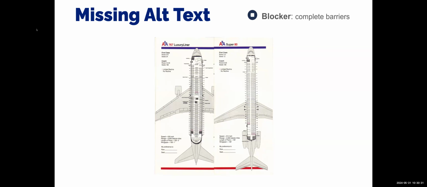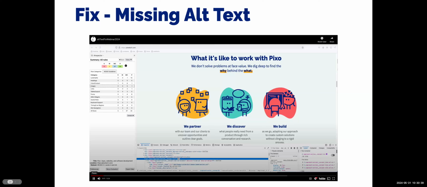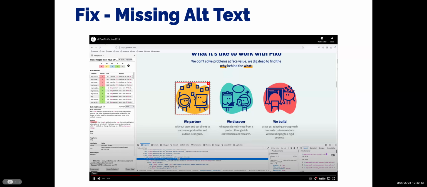So how do we fix missing alt text? I've recorded another video for the Pixo website. I'm using the A-Inspector sidebar on the left for Firefox. You can see that it's finding that image violation and it's putting a red violation box over it.